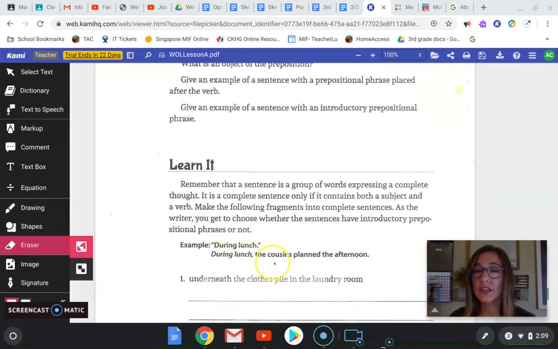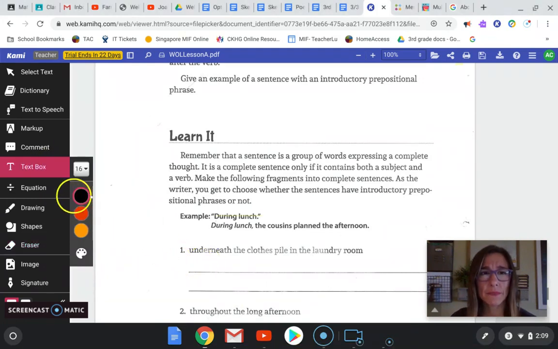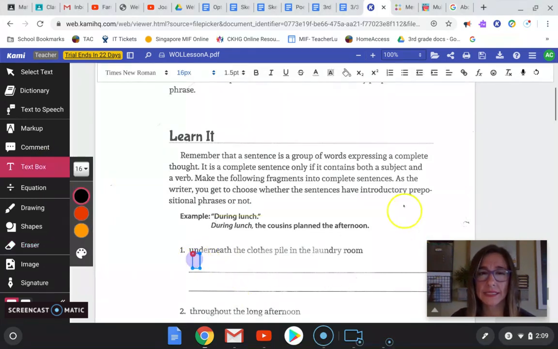During lunch, the cousins planned the afternoon. Okay, so you're going to add to what's already written there. Number 1, underneath the clothes pile in the laundry room. Not a complete sentence. So let me see if I can come up with a sentence here.